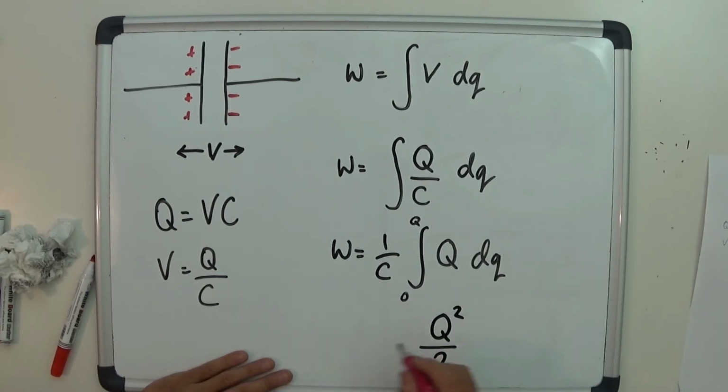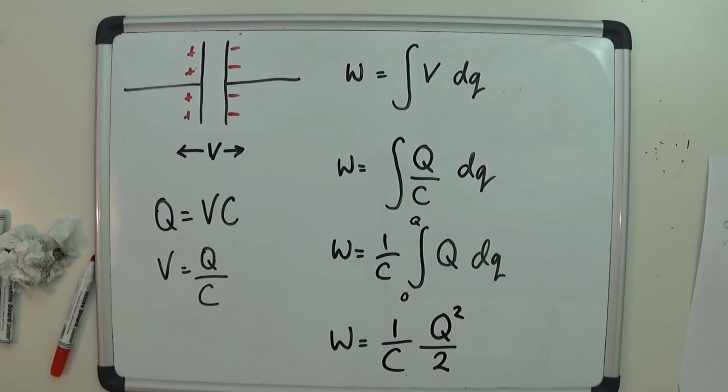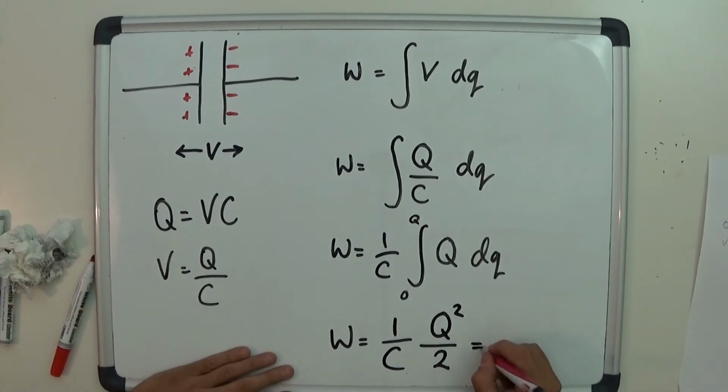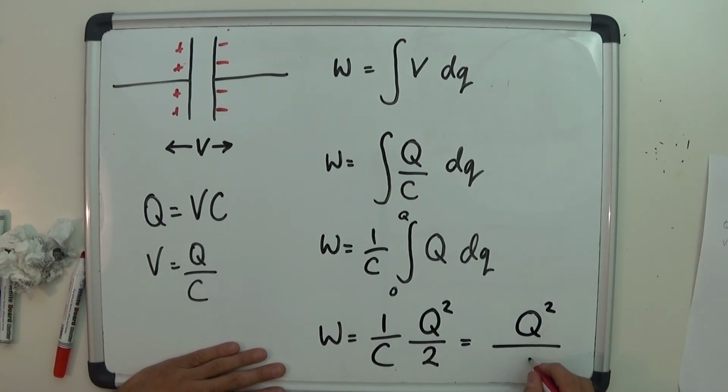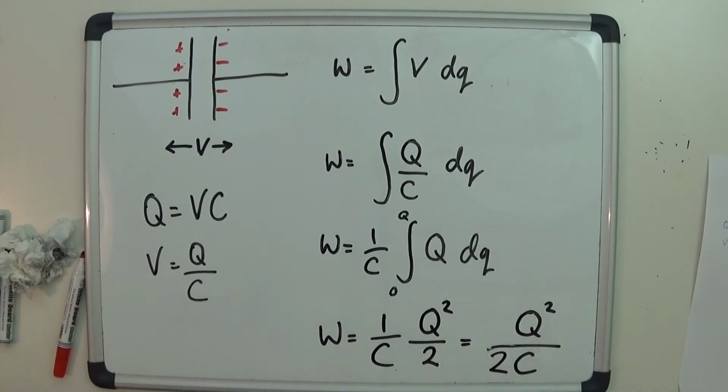Okay, and so we can say the work done is basically 1 over C, bring that back inside, times Q squared over 2. And so finally that gives us the energy of a capacitor. The energy stored in a capacitor is Q squared over 2C. And that is the precise equation that you get from doing it the other way.